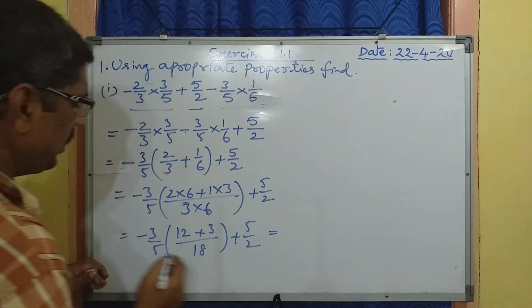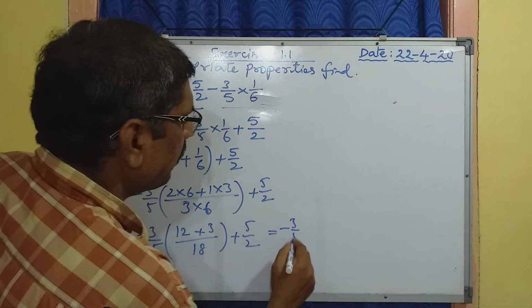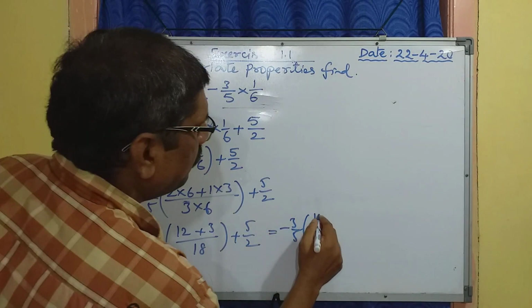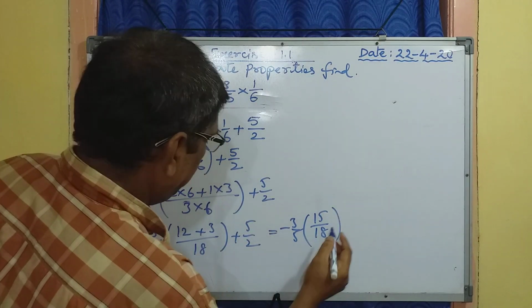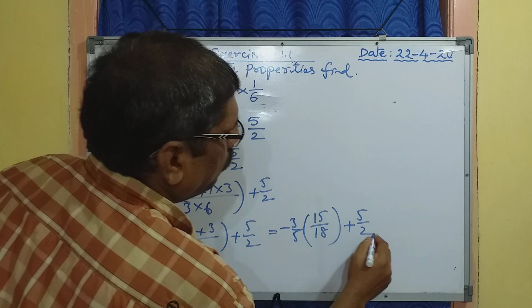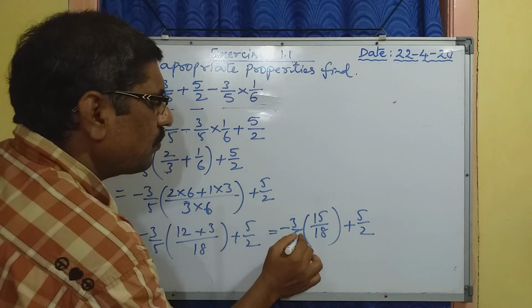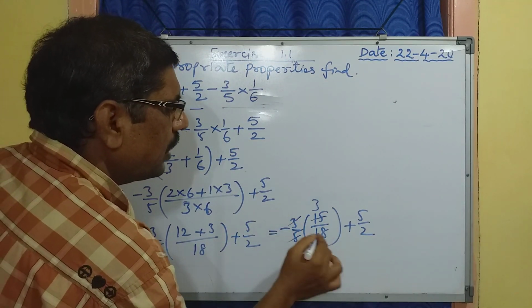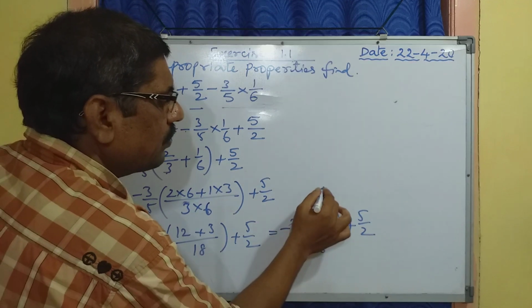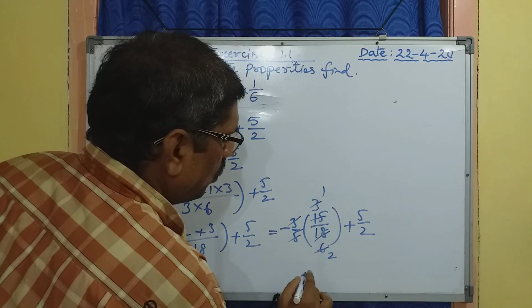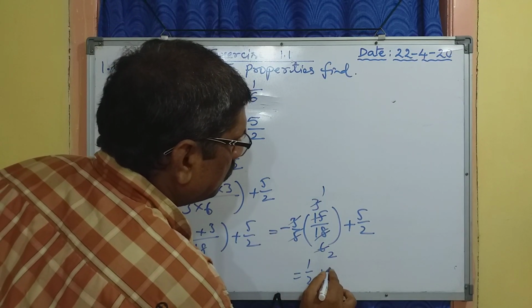Now we can write this as minus 3 by 5 into 12 plus 3, 15 by 18, plus 5 by 2. Now we can simplify: 5 threes are 15 and 3 sixes are 18, and 3 ones are 3, 2s. We will get 1 by 2.